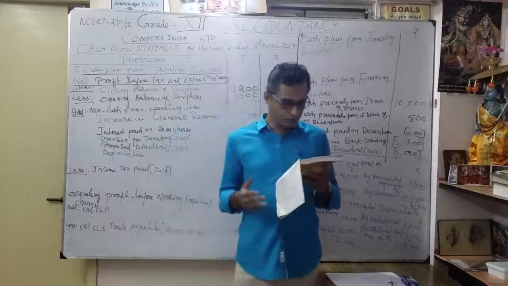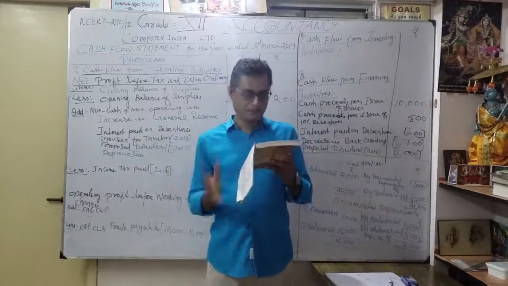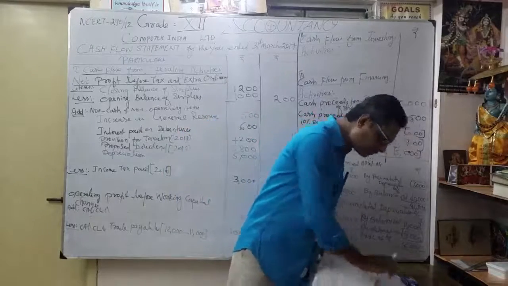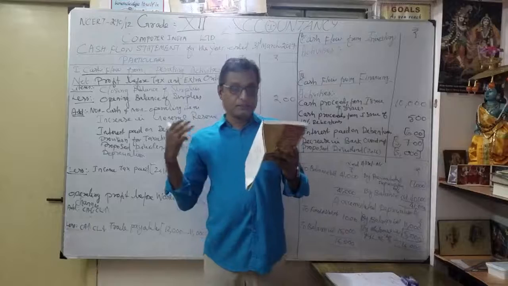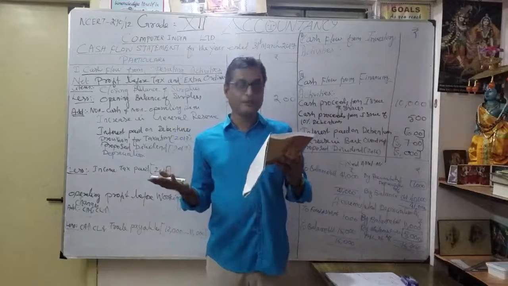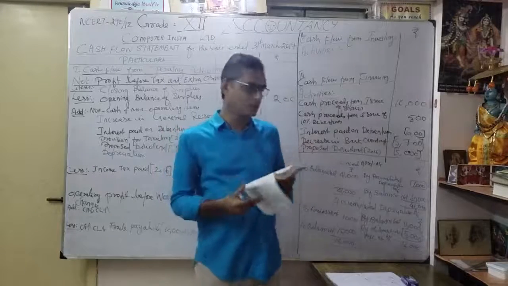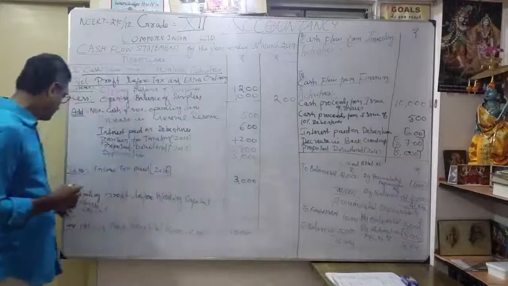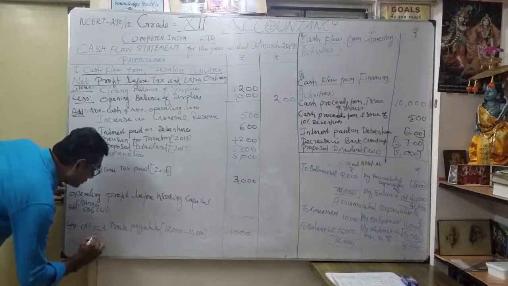Okay. Now move to the current assets. Current asset inventories, you know. So what happened? Inventories 2016 30,000 became 2017 35,000. So our current asset increased. Correct? So ultimately here you are going to write current asset increased. So here inventories.